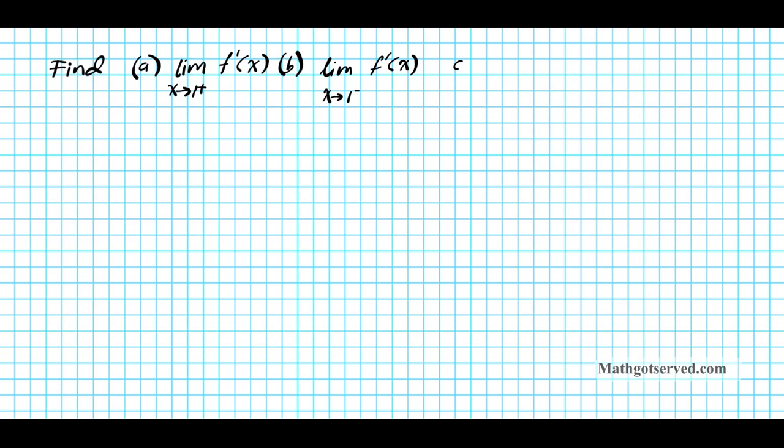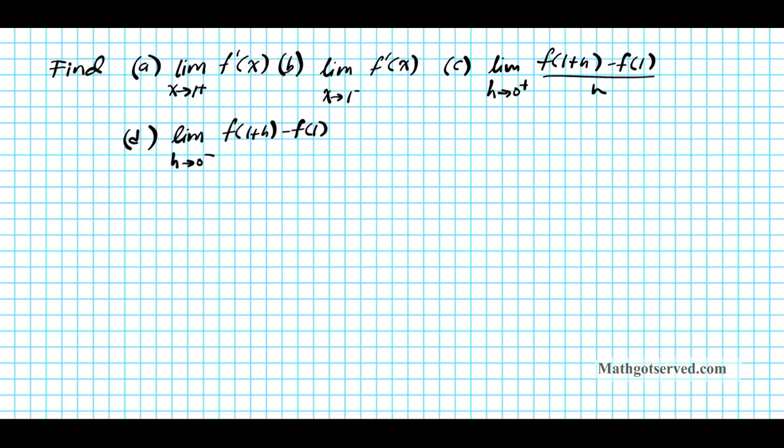C, find the limit as h approaches 0 from the right of f of 1 plus h minus f of 1 over h. And for D, find the limit as h approaches 0 from the left of f of 1 plus h minus f of 1 divided by h.